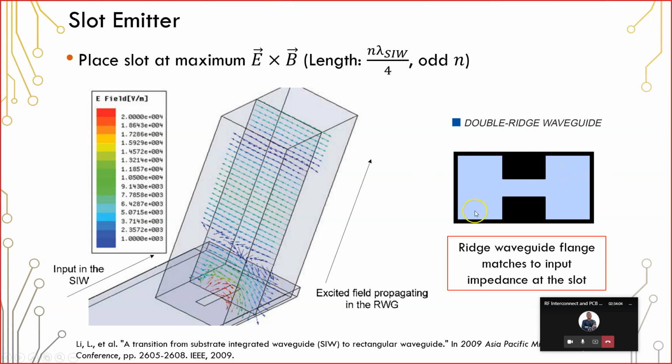And so this uses a double ridge waveguide where this ridge structure then matches this waveguide impedance. So that's this vertical rectangular structure to the impedance of this slot and the substrate integrated waveguide. So this is strong enough to damp or to swamp out many commercial Wi-Fi receivers that you will find on receiving components.